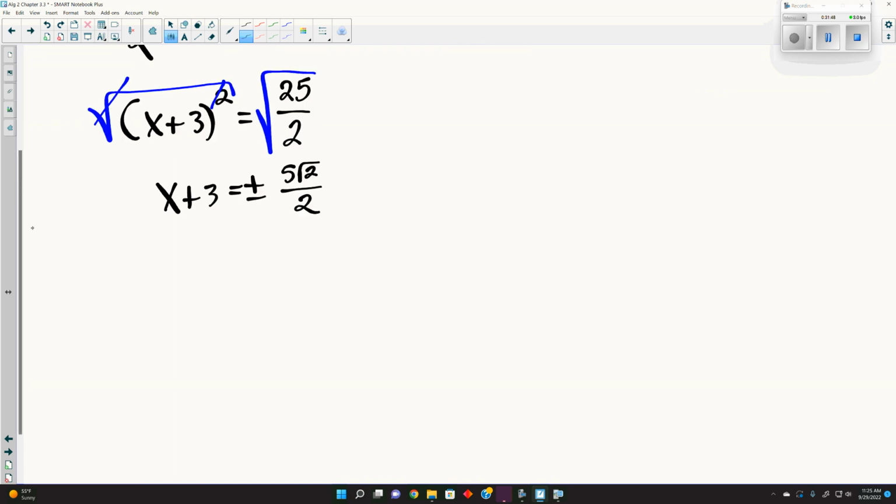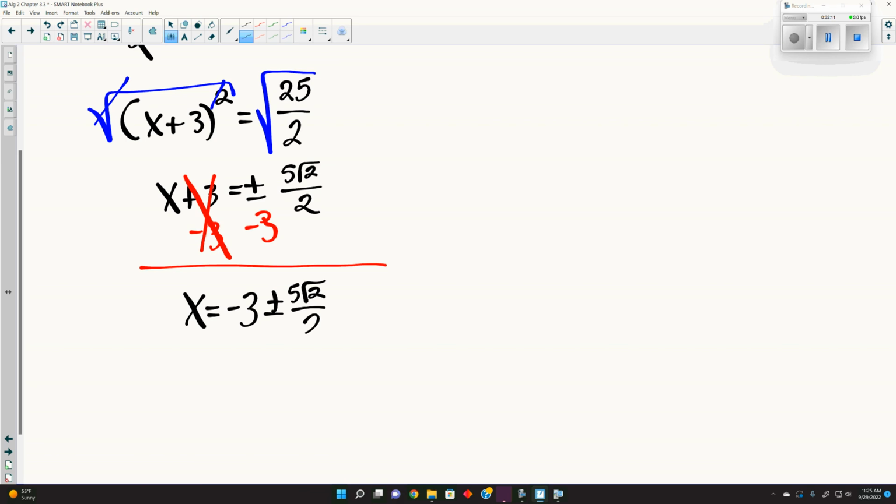Is x by itself? So we have to solve for x by subtracting 3 from both sides. Because here the 3 minus 3 is 0. We'll leave it out front. Because the 5 square root of 2 over 2 and the negative 3 aren't like terms.